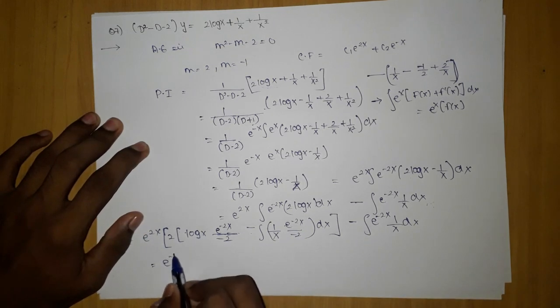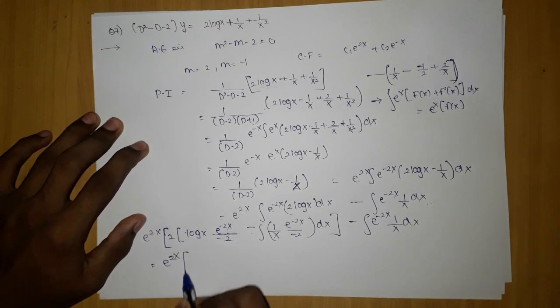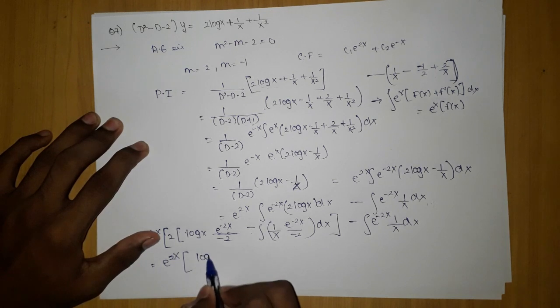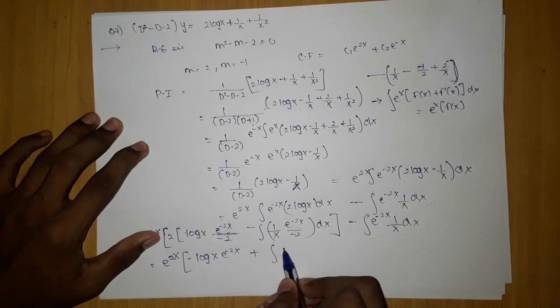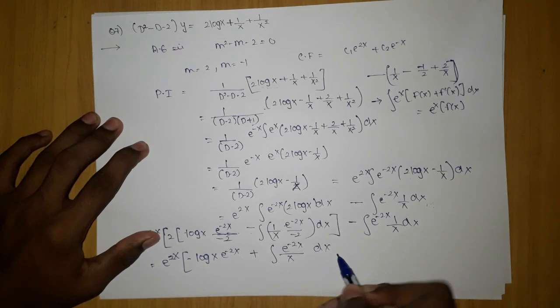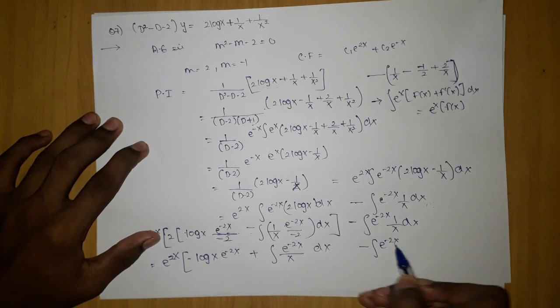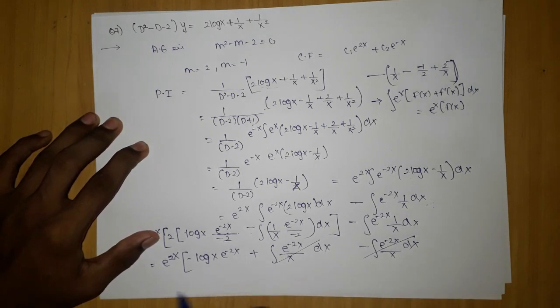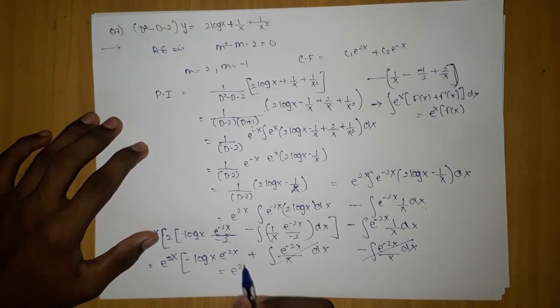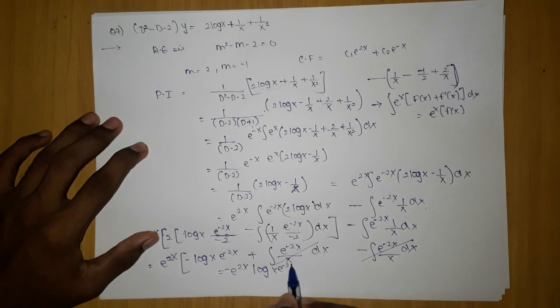So observe this: the 2 will get cancelled out, log x into e to the power minus 2x, here minus will be there, plus the integral of e to the power minus 2x by x into dx, which is nothing but the same e to the power minus 2x by x into dx here also. So these two will get cancelled out, and we get our final answer: e to the power 2x with minus sign outside, log x e to the power minus 2x.